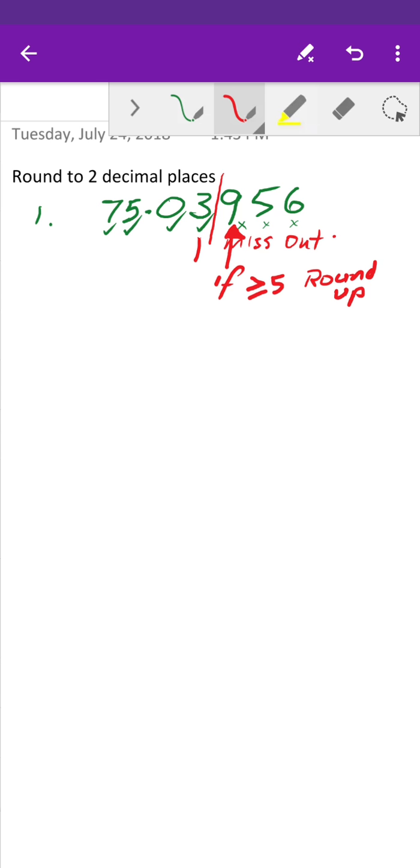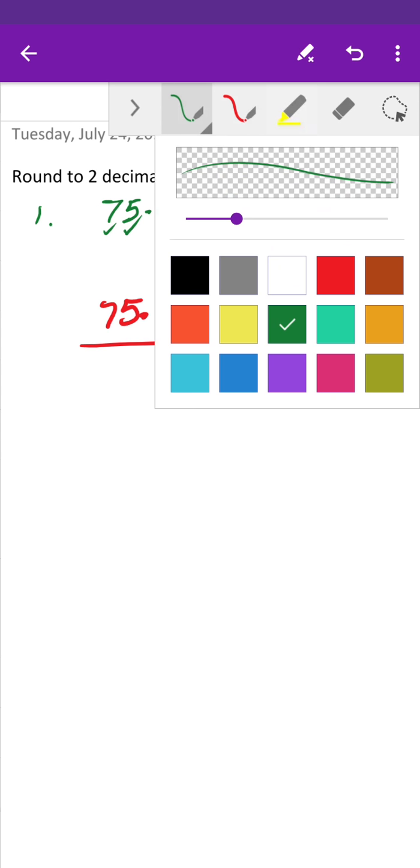So the 3 here, we've gone closer to 0.4 than it was to 0.3. Once it gets to halfway, we consider it close enough to the next value up. So we leave the 7, we leave the 5, we leave the 0, but this number here will go up to a 4, and that's the answer to 2 decimal places.